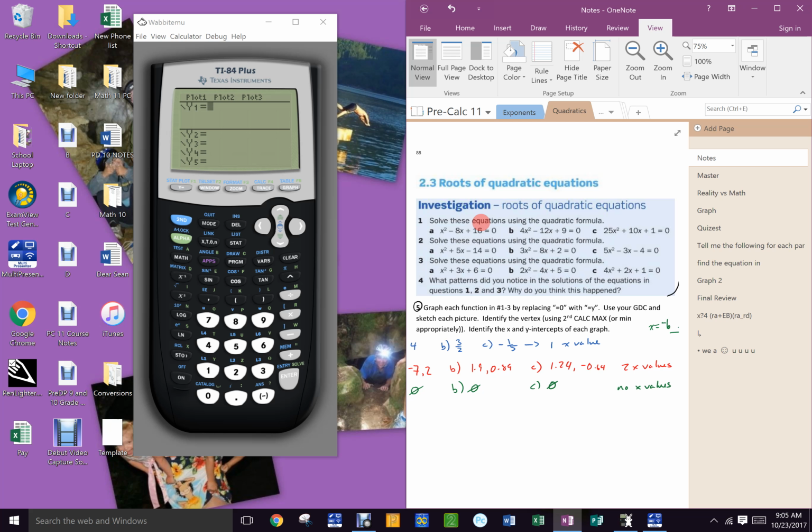See this button right here that says X, T, theta, N? Does everybody see that button? That button is your independent variable button. Whatever letter your independent variable is, that's the button you hit. Do you understand? So to punch this in, I'm going to push that button and, oh look, I have an X. Does everybody have an X?